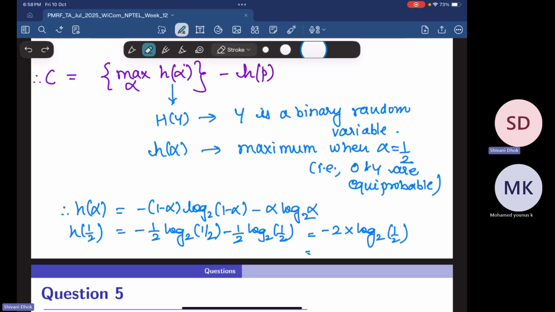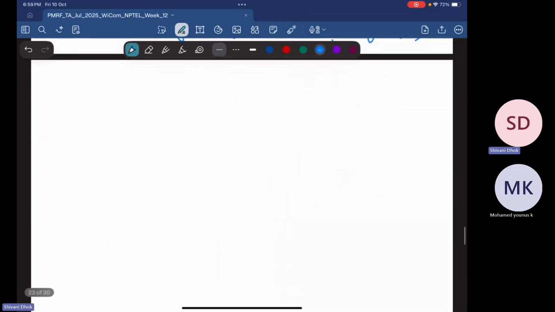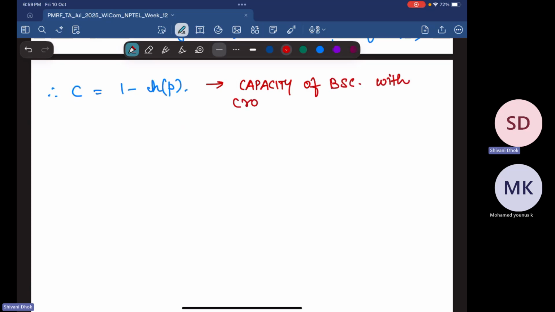This gets cancelled, so this comes out to be equal to 1. Therefore, if I substitute it back, my C comes out to be equal to 1 minus h of p. So this is the capacity of a binary symmetric channel with crossover probability p.